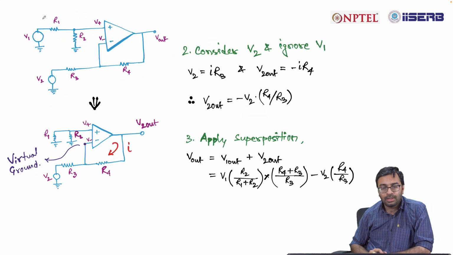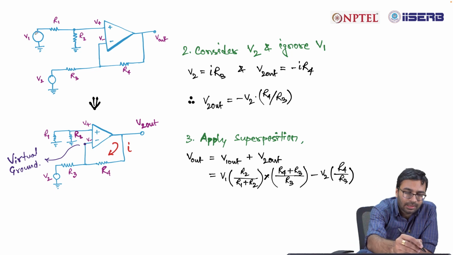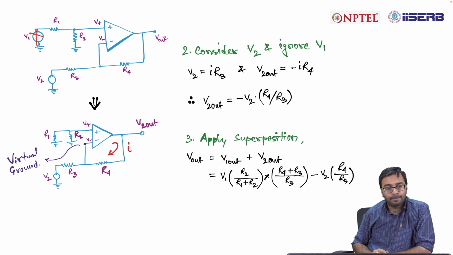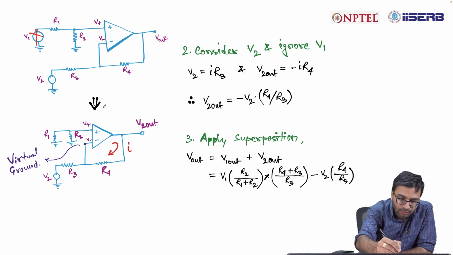Similarly, let us consider V2 and ignore V1. Then your entire circuit will reduce to this one.